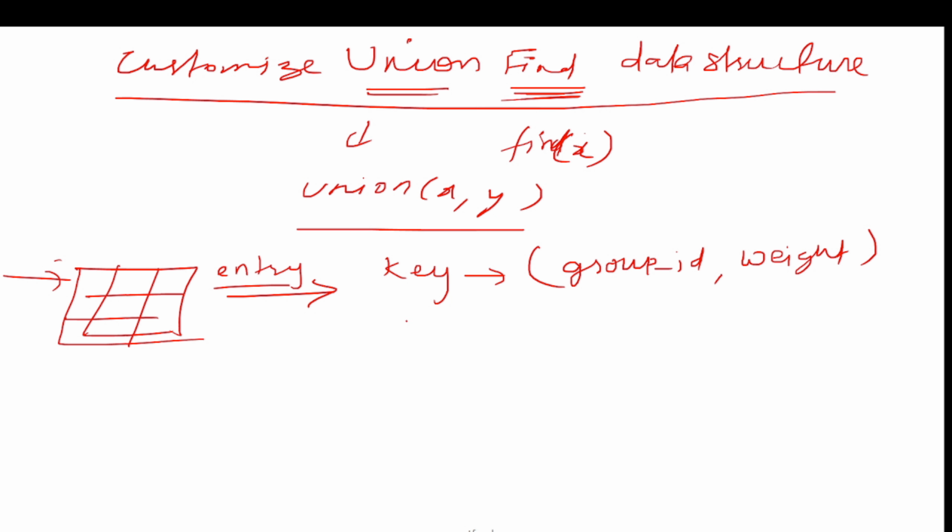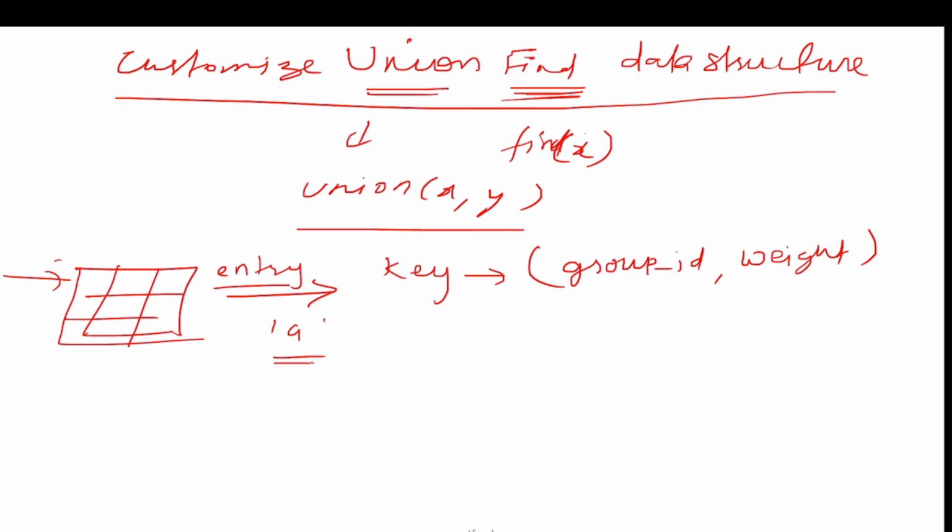For example, initially we have given a node, so its entry is in the table, and let's say it is a. So a indicates the id of the node, and second, a also indicates the id of the group the node belongs to.